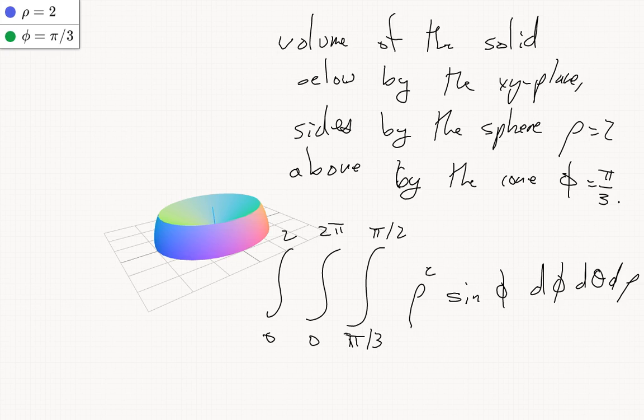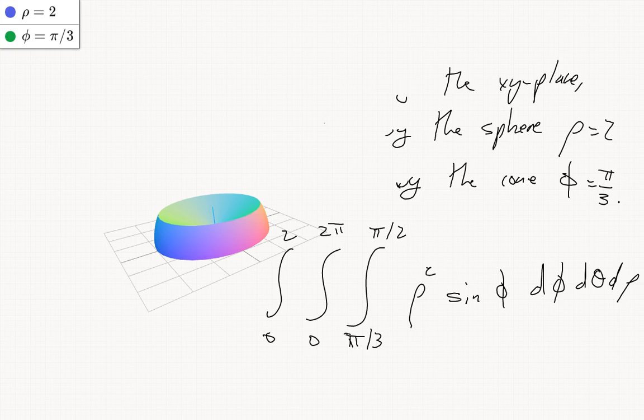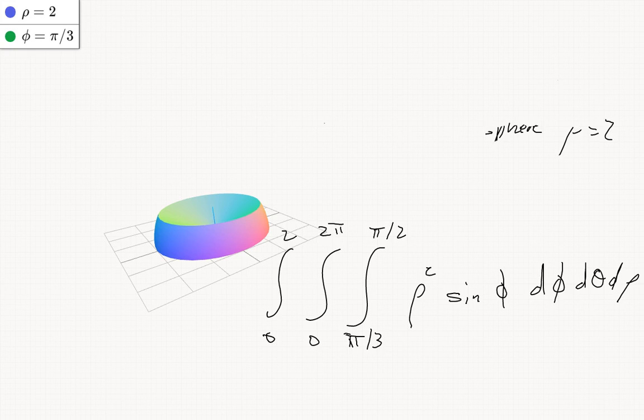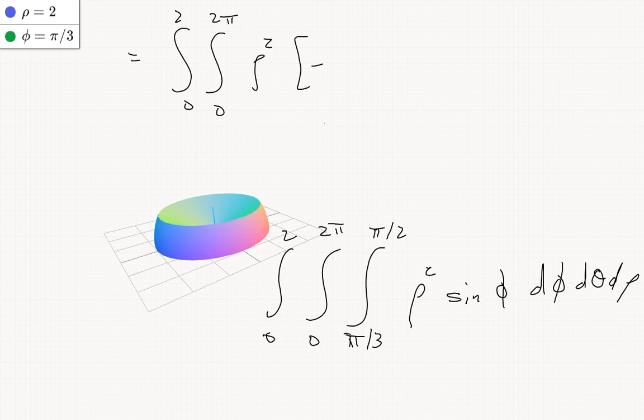Okay, so integrate that. So this is integral 0 to 2, integral 0 to 2 pi of rho squared times negative cos phi evaluated at pi over 2 and at pi over 3, d theta d rho.